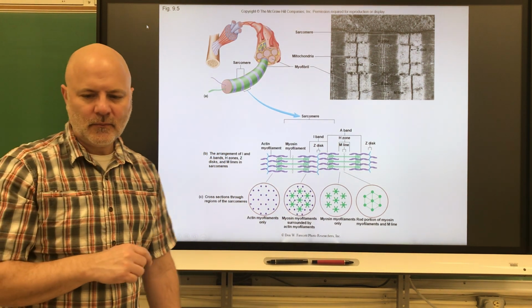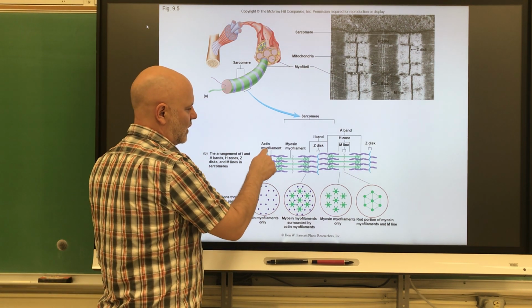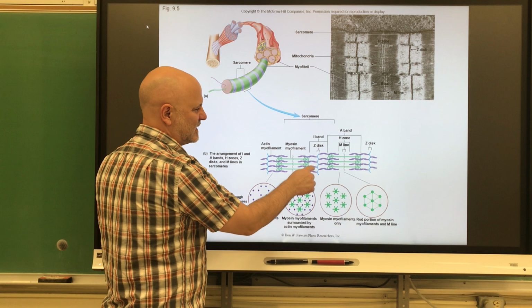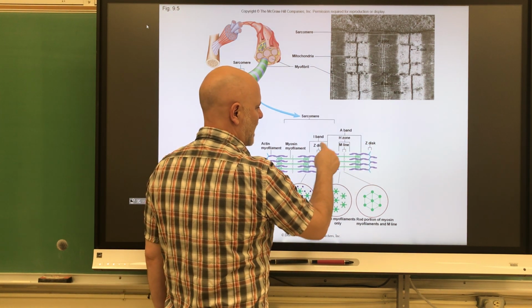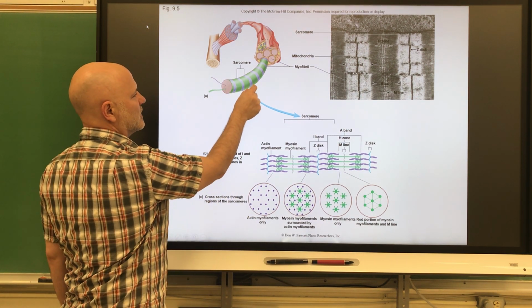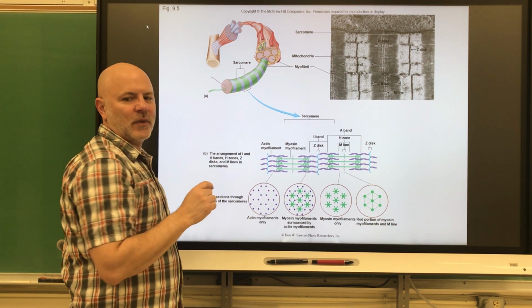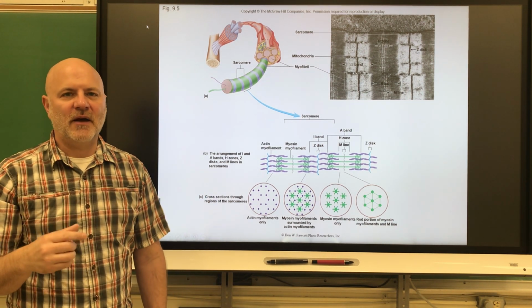All right? So, lastly here is a sarcomere. We go from this Z-disc to that Z-disc, that is one sarcomere. We go from that Z-disc to that Z-disc, that is another sarcomere. If we go down a myofibril, you'll see it's just one sarcomere after the next. So a sarcomere is a structural and functional unit of a myofibril.